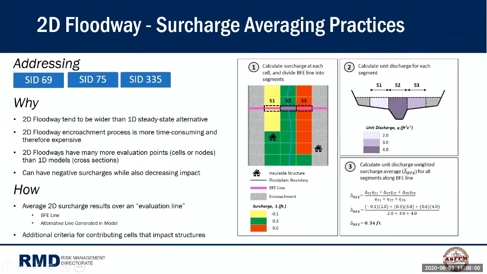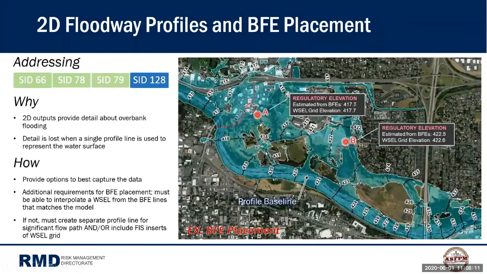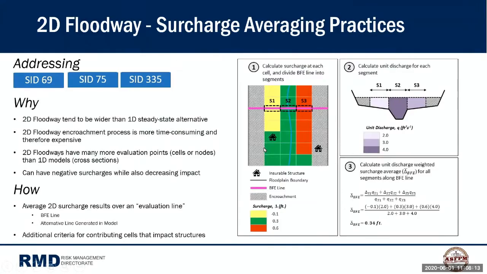Yeah, as Laura mentioned, evaluation lines is one of the new features that we're thinking of for 2D models. And what you see here on the right side of the slide is an example of that. Along with the complexity of 2D models and the capability with 2D models, it brings the added challenge of how do we show this on the map.